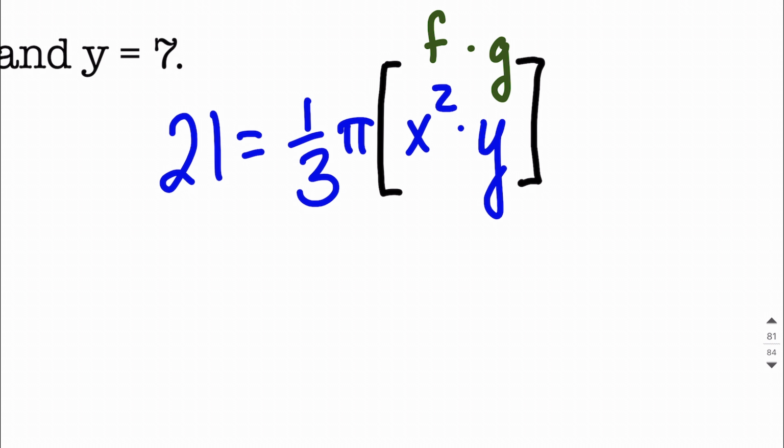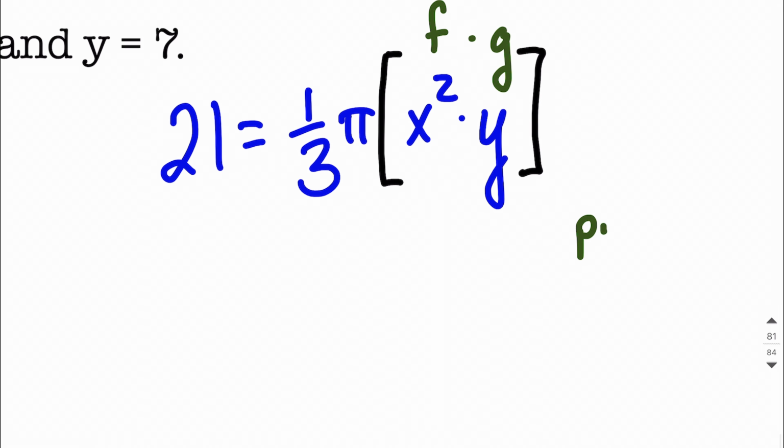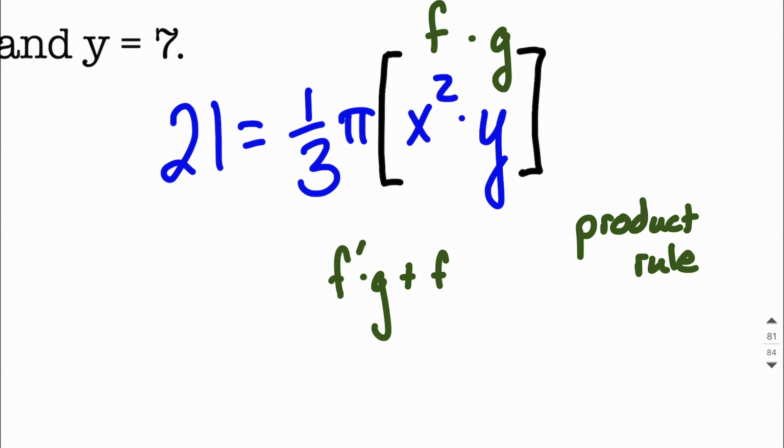All right, and write out our formula to go along with this. So our formula is going to involve the product rule. Product meaning multiplied together, and that is going to work out to be f prime times g plus f times g prime.